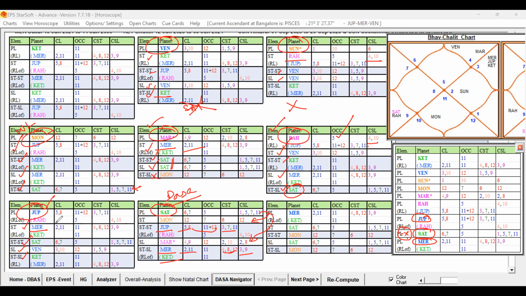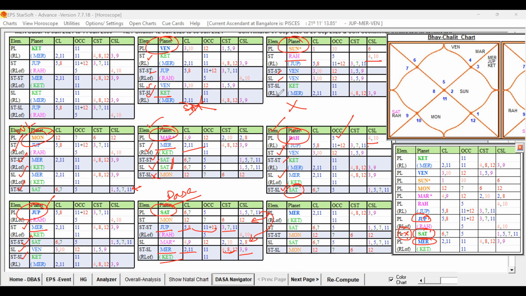So in that case, we could see under Saturn Dasa, Moon, Mars, Rahu, Jupiter are the planets which are having the favorable rulers. We have to now compare these 4 planets carefully and find which is comparatively better.